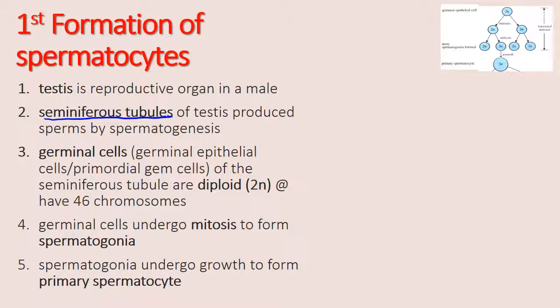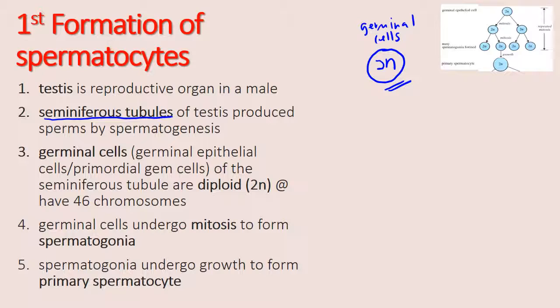Within the wall of the seminiferous tubule we have the germinal cells, also known as germinal epithelial cells or primordial germ cells, which are diploid, represented by 2N, meaning this cell contains 46 chromosomes. So let me write down here, this is the germinal cell of the seminiferous tubule.